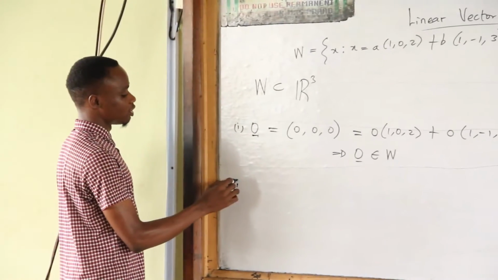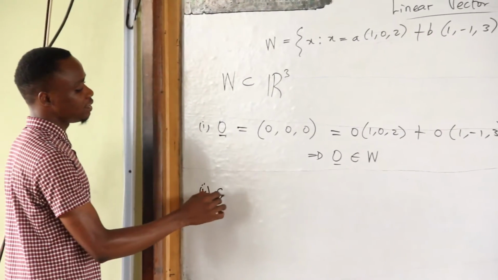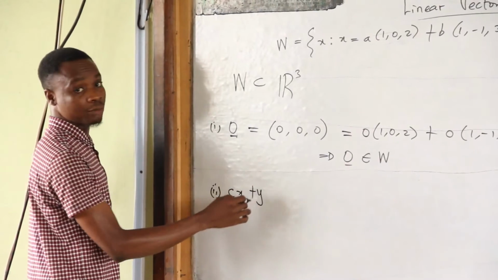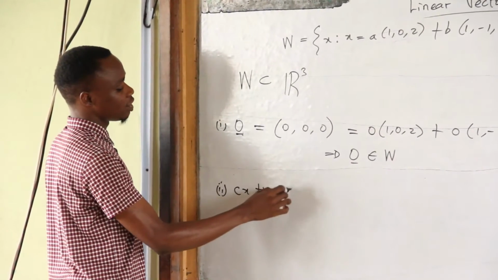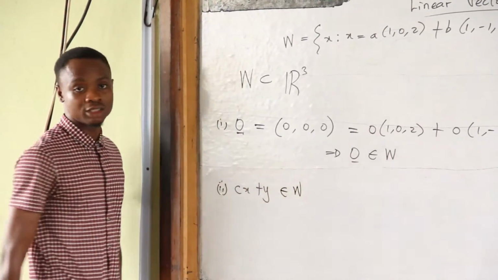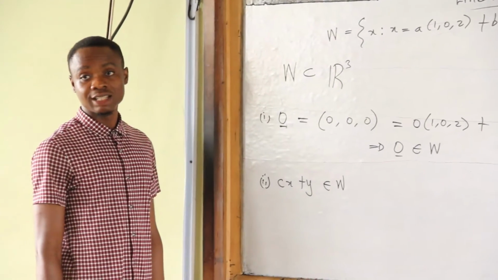So the next one is what? We want to show that cx plus y is also an element of W. If we are able to establish this, is it making sense to you?